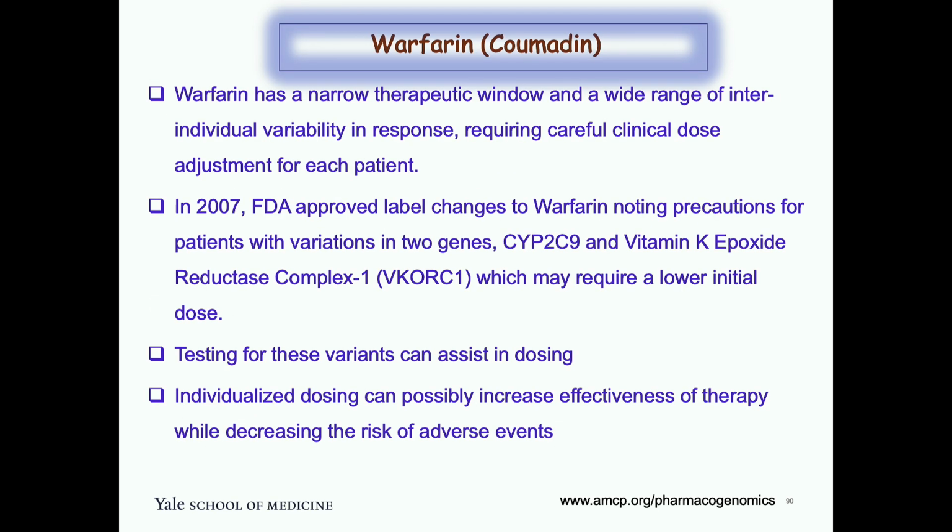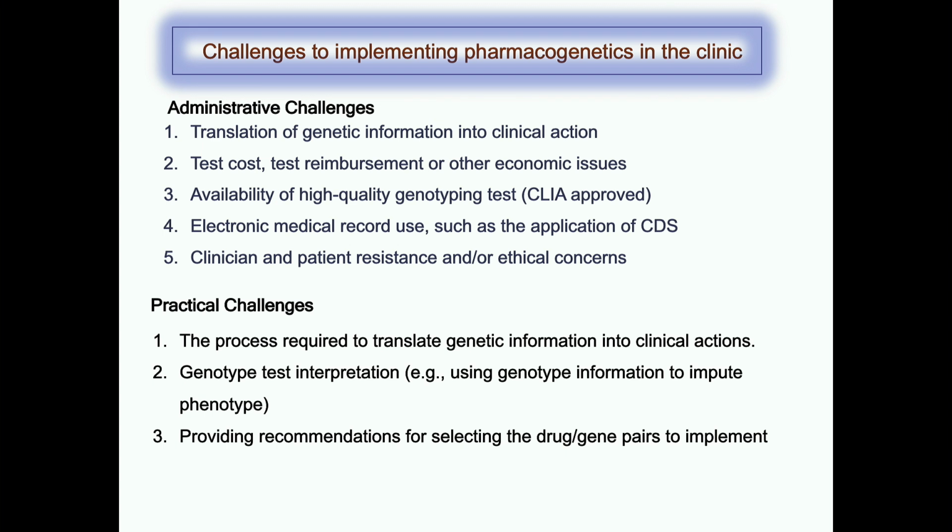So what are the challenges for implementing pharmacogenomics? One of the biggest challenges is translating this genetic information into clinical action. We will see there are only a few genes reported with such interactions. It's not that the interaction exists only for those genes; it's just that the others are not studied well.